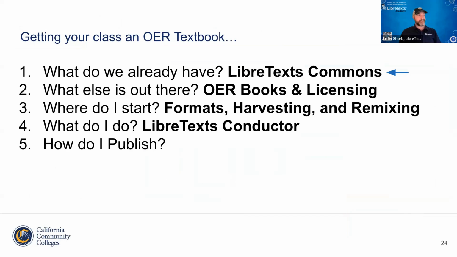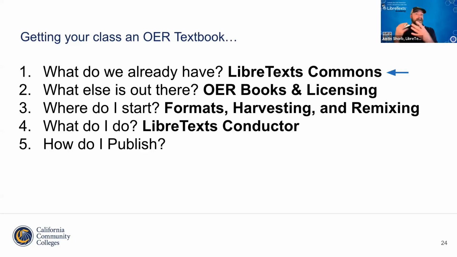The steps that I like to encourage people to think about is number one, think about what's already out there in the LibreTexts Commons, for instance, or what else is out there beyond LibreTexts, which would be other OER books, other licensed books that you might be able to use. Then think about where do you want to start with that material. If it's all in LibreTexts, you're good to go. You don't need to think about it.